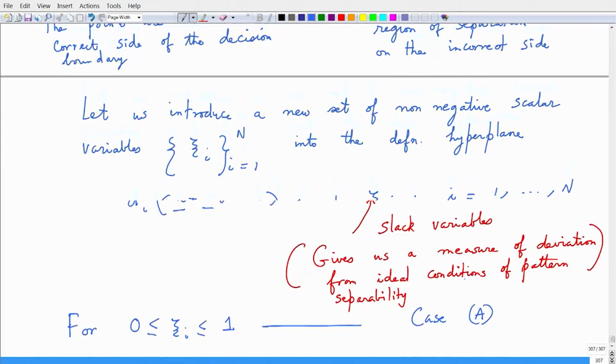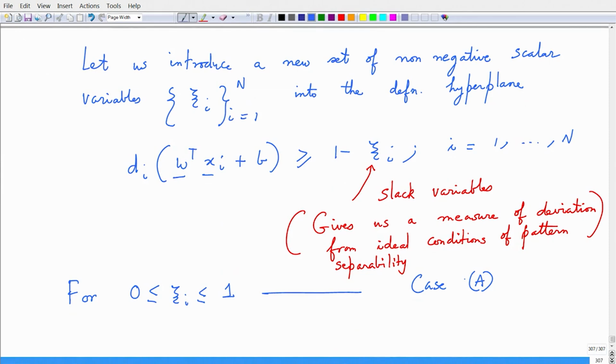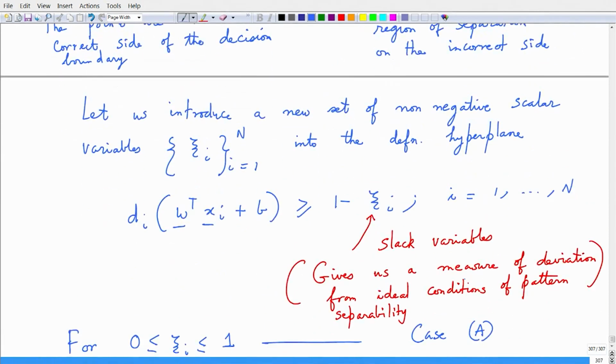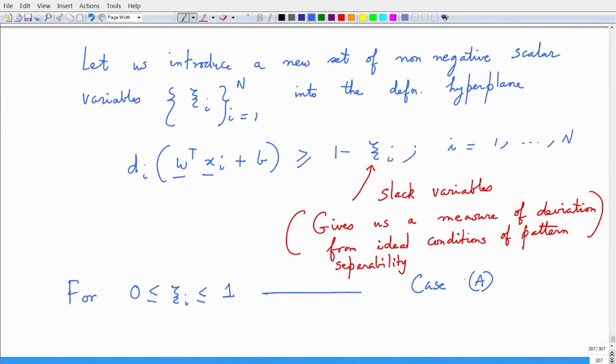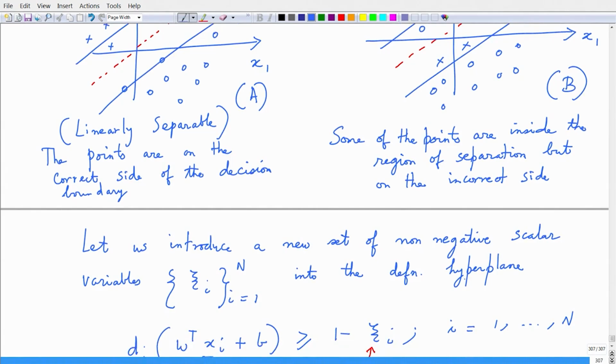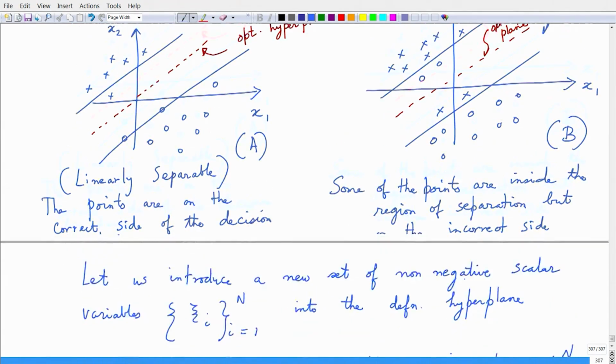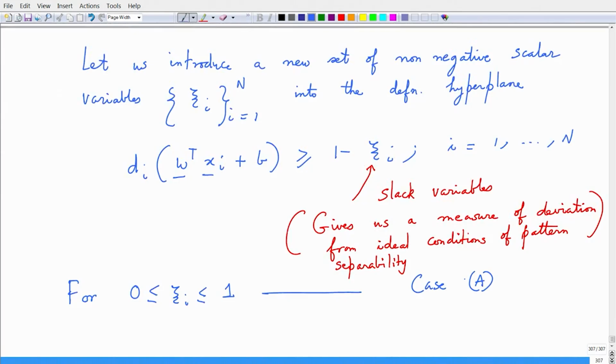When zeta_i is greater than 1, it is case B, because the margin term can become negative, and therefore you can have these points flipping across the optimum hyperplane. This is the second case. For zeta_i greater than 1, it corresponds to case B in the figure.